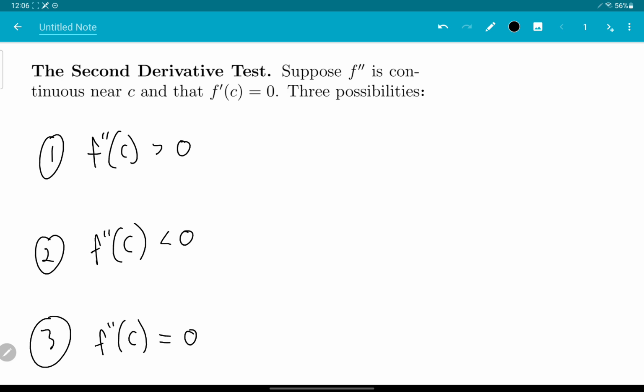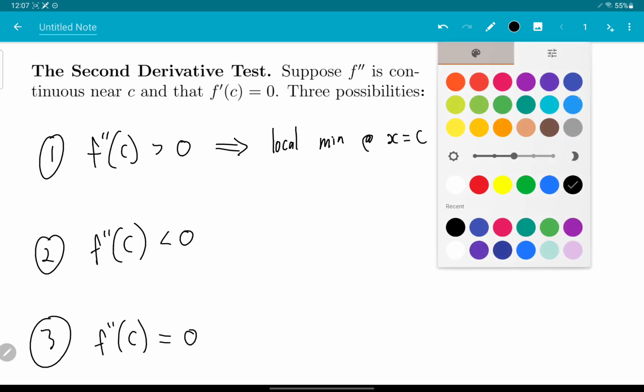Okay, so if f double prime is bigger than 0, what does that mean? It means that my first derivative is increasing as I go from left to right. And this corresponds to a local min at x equals c.